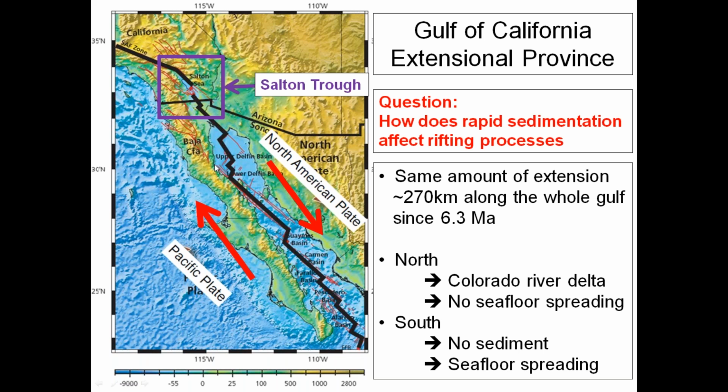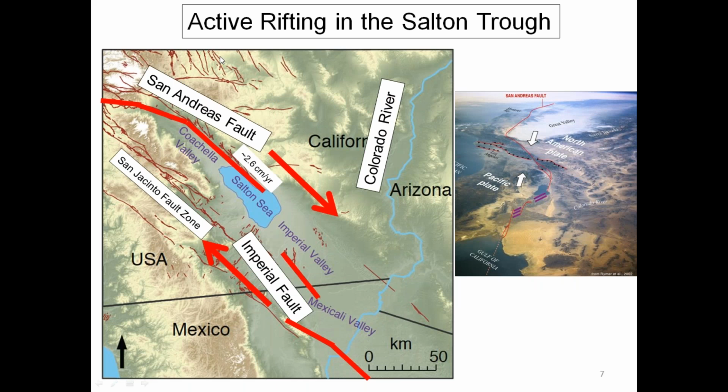The question I want to address is, how does rapid sedimentation affect the rifting process in the north? And the study area is the Salton Trough, shown by the purple box. In the Salton Trough, plate boundary transform faults, San Andreas fault, Imperial fault, and Cerro Prieto fault create a rift basin, including Coachella Valley, Salton Sea, which is a shallow water lake, Imperial Valley, and Mexicali Valley.